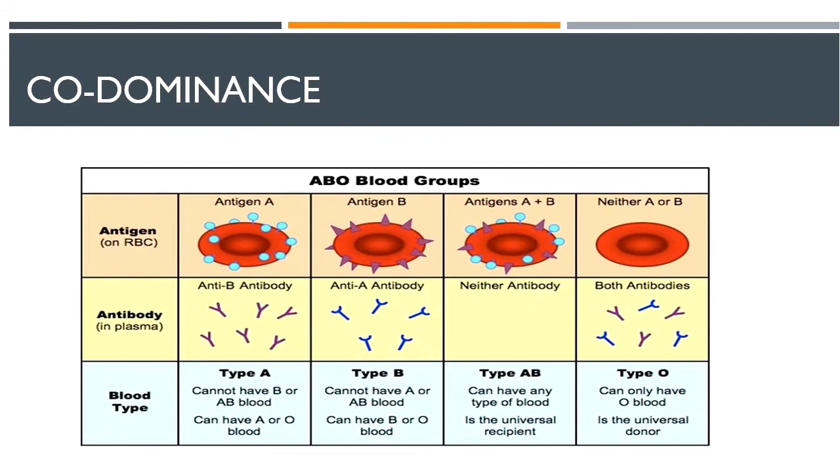IA, that is antigen A, and antigen B are both of dominant type. So when they are present together, in the case of the AB blood group, how is it decided which allele will express itself?